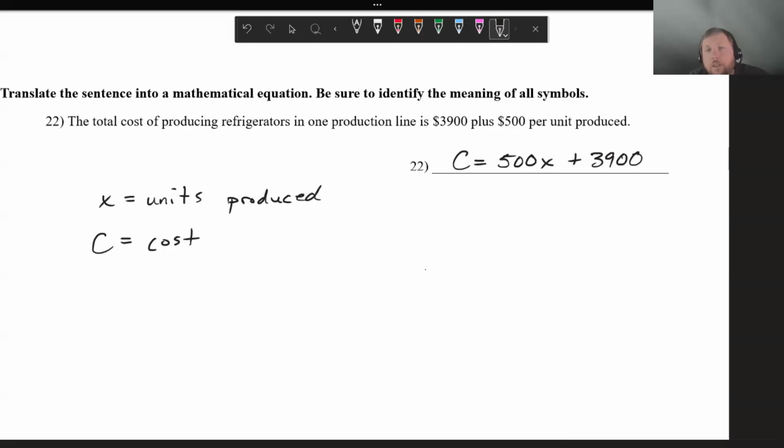So if it's $500 per unit, I'd be taking the 500 times 4, and then it's plus 3,900, that just to turn it on that day, it costs 3,900. If I make 0 refrigerators, I'm still paying 3,900.